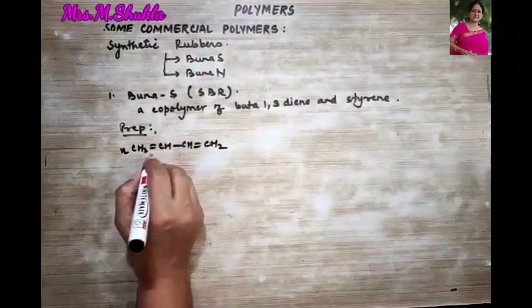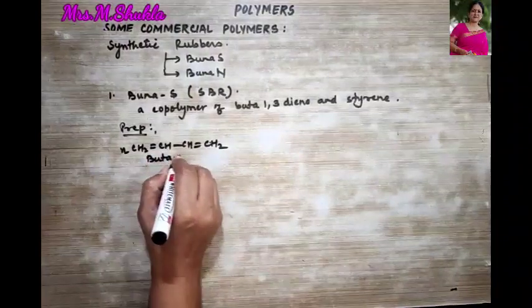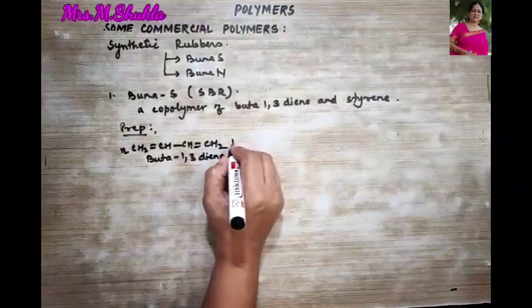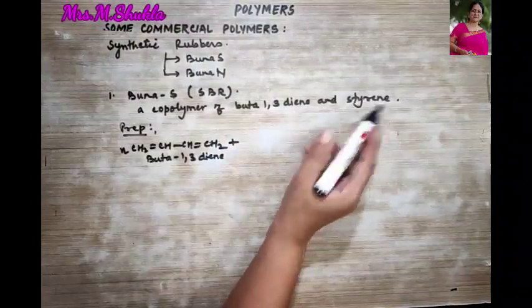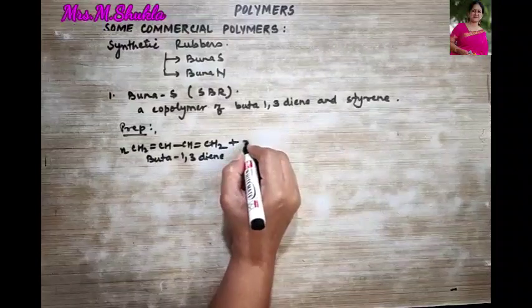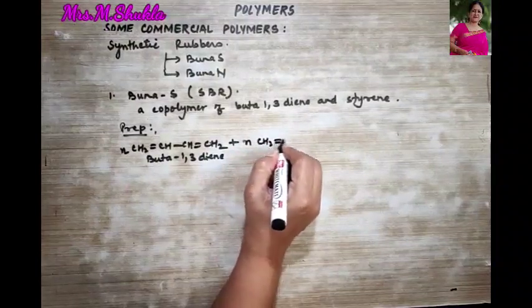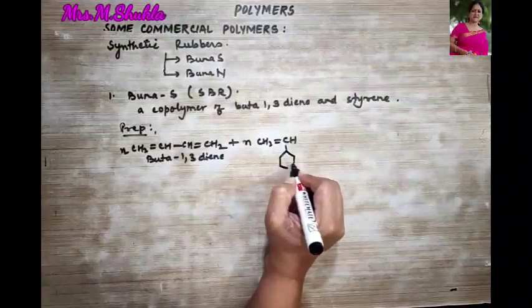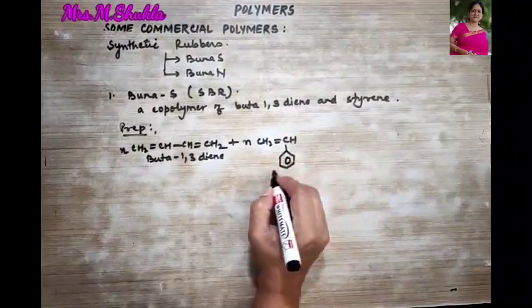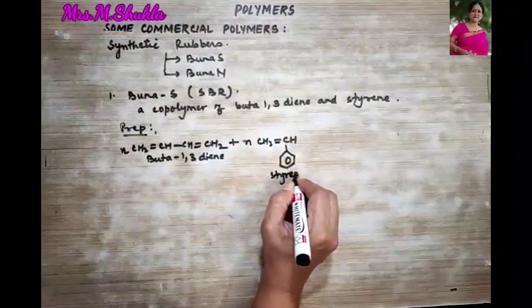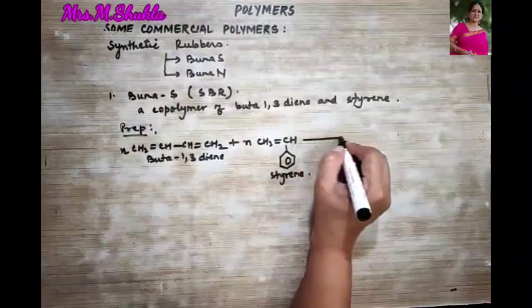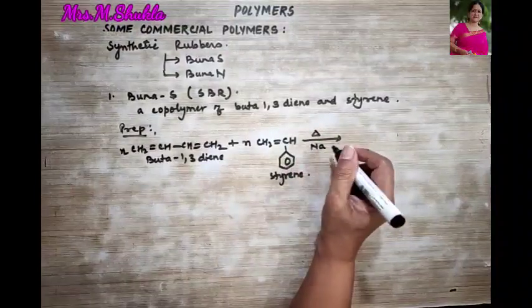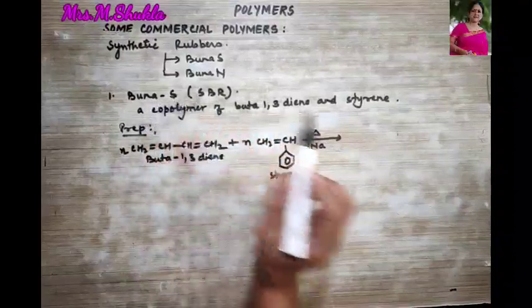And n number of buta-1,3-diene combine with styrene. So what is styrene? N number of CH2 double bond CH, with the phenyl group. This is your styrene. When they are heated in the presence of sodium metal, they are going to give us Buna S.